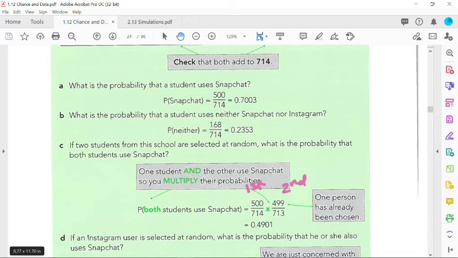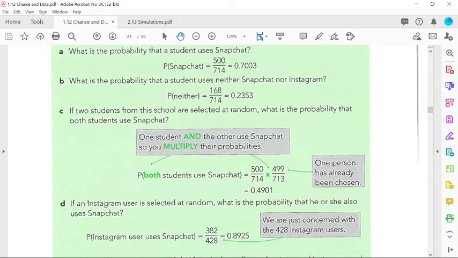Now here they did not say without replacement, but remember we talked about that yesterday. Think about the scenario. If I already choose one student and ask them, do I want to then throw them back in the pool and then ask them again? Doesn't really make any sense, does it? So pay attention to the context of the question to see if it is with or without replacement. Okay? So be careful about that.